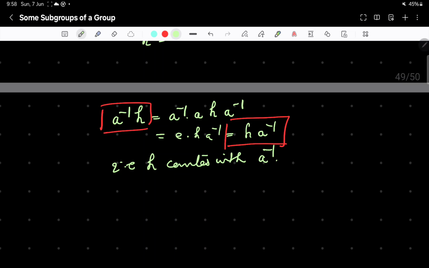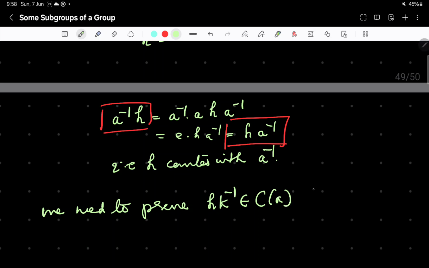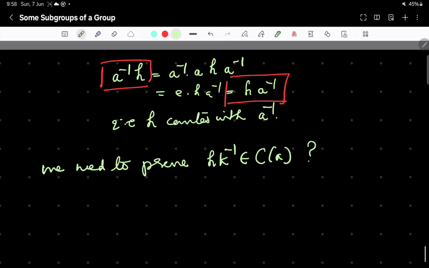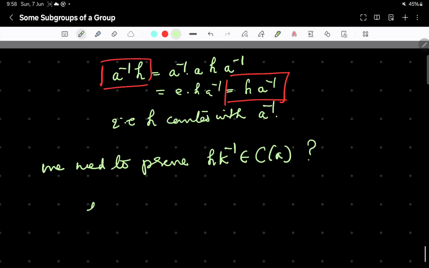So what we need to prove is, to prove H is a subgroup, we need to prove HK inverse is in the commutator of A, right? So how do you prove that? We take HK inverse, multiply with A, and we need to prove that A into HK inverse.